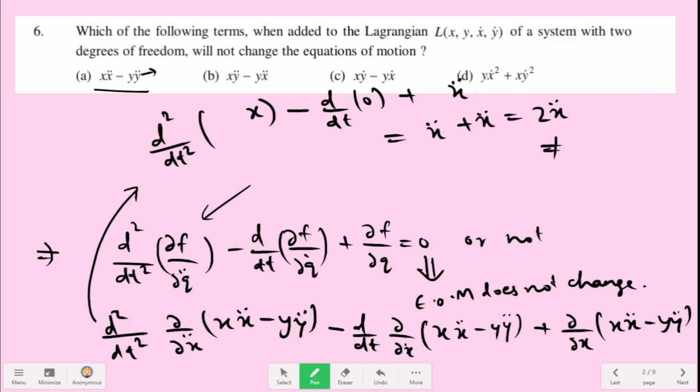So this is not equal to 0. This is not necessarily 0. Therefore, equation of motion can change.